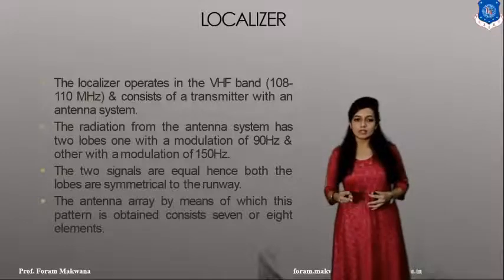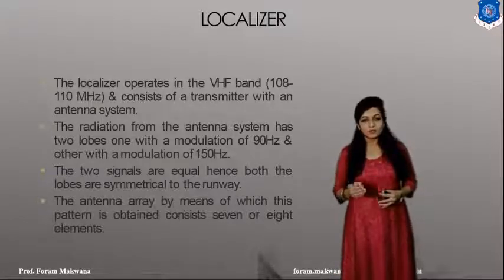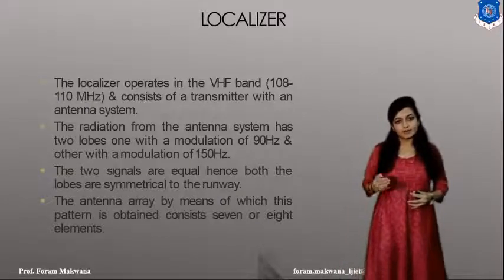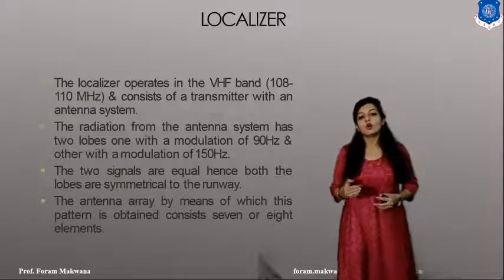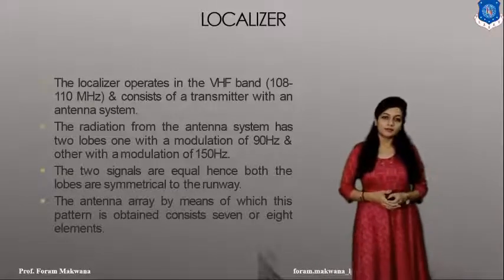So these two signals are going to be equal. Why? Because both the lobes are symmetrical to the runway. So the antenna array, by means of which this pattern is obtained, consists of 7 and 8 elements.